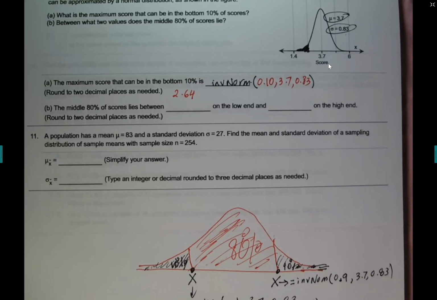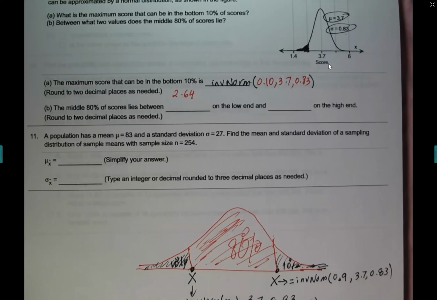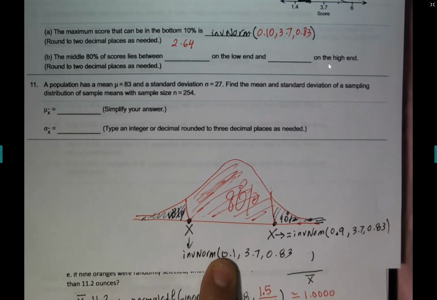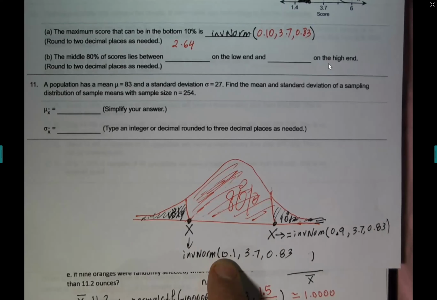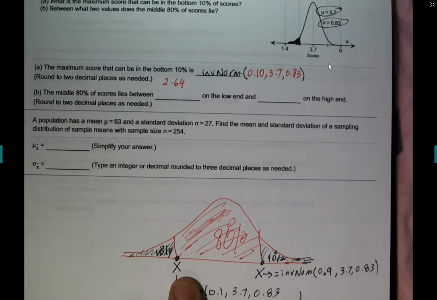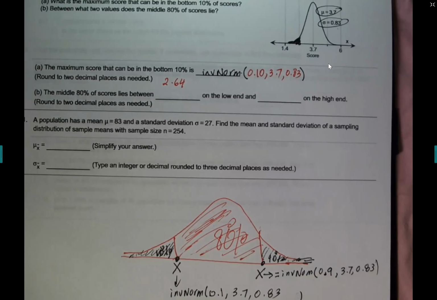So do 10% to begin with, which we did right there, guys. The 0.1. The second one, guys, will always be, what do you need to add to 10% to make it 100? It's a 90%. Look, here's a 90% right here. So this one, the 0.9 and the 0.1 should add up to 1 always. And that's how you do the middle values.